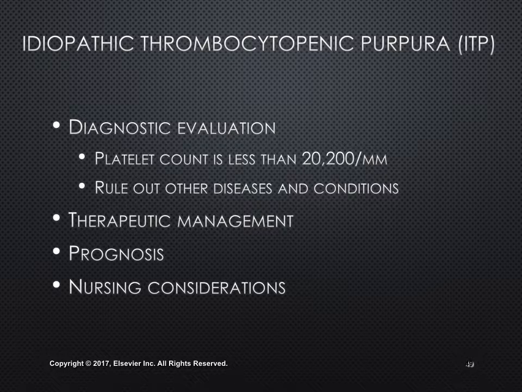The diagnostic evaluation consists of looking at the platelet count, and we would find that the platelets are less than 20,200 per millimeter. And then we have to rule out other diseases and conditions to show that they have idiopathic thrombocytopenia purpura. The therapeutic management looks at avoiding injury and may include transfusions of platelets. The prognosis is actually pretty good on these kids.